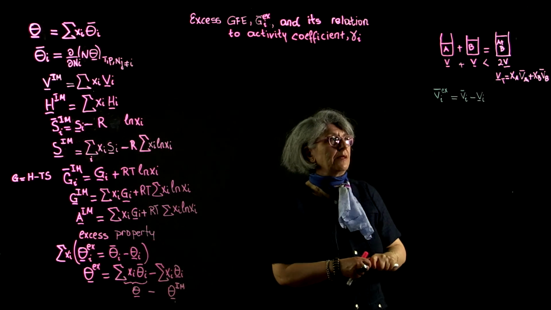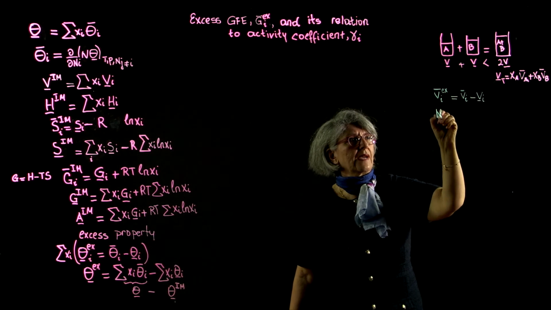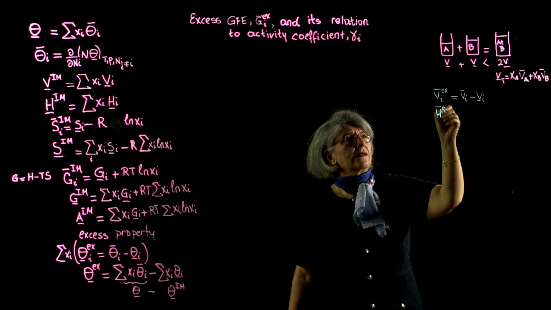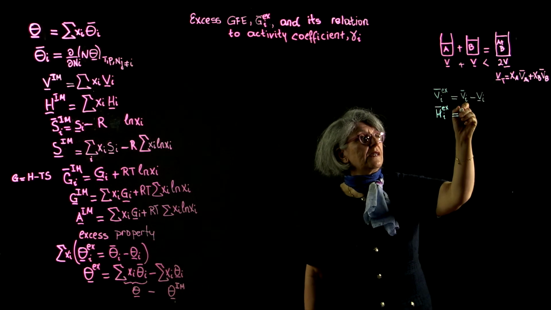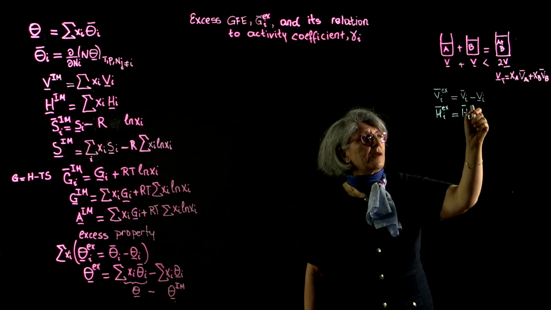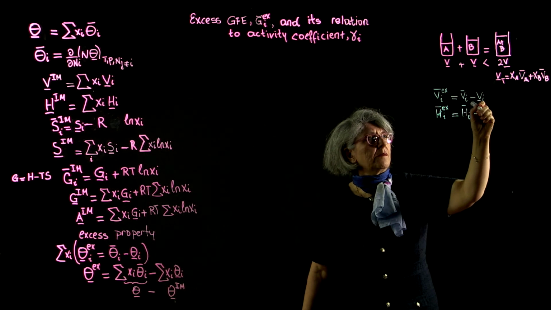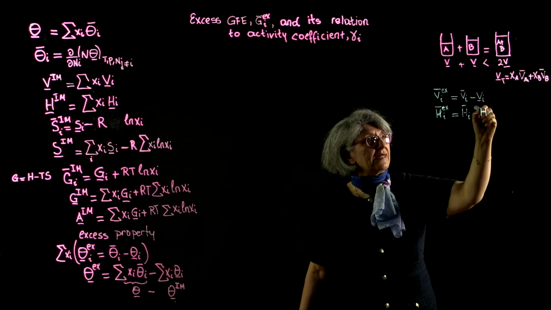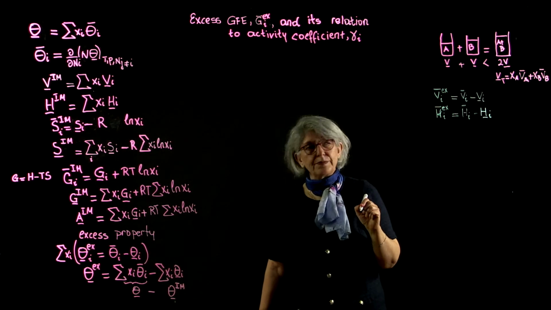Excess enthalpy of component i is going to be the partial molar enthalpy minus partial molar enthalpy of the pure component.